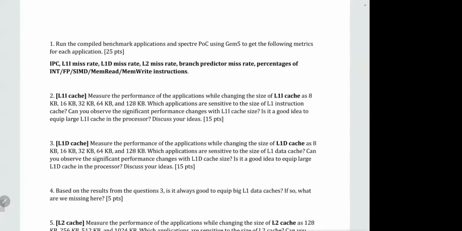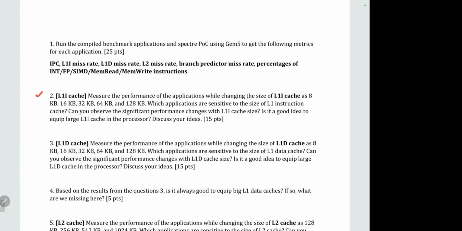In order to analyze the characteristics of a workload, we can test the sensitivity of the benchmarks, and to check the sensitivities of the workload, we can change some configurations of the system or the processor.